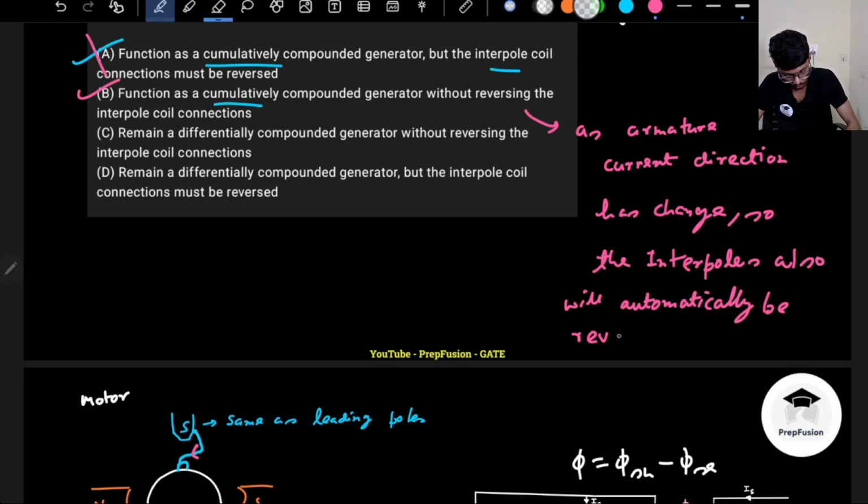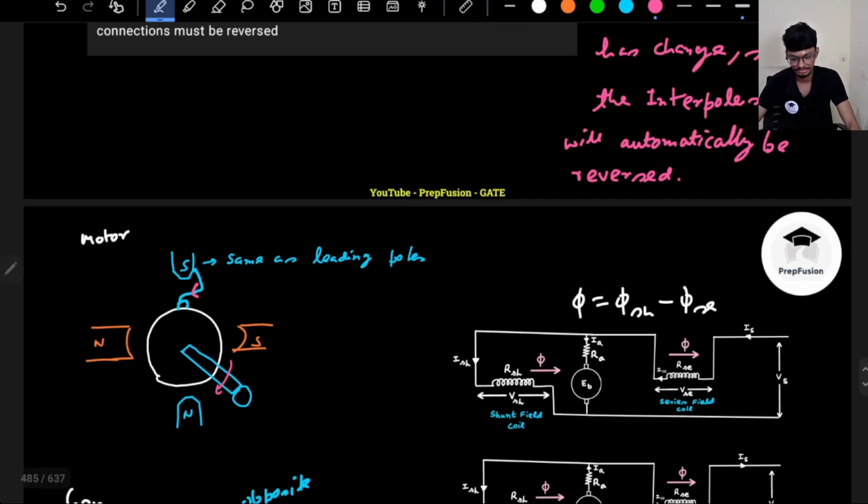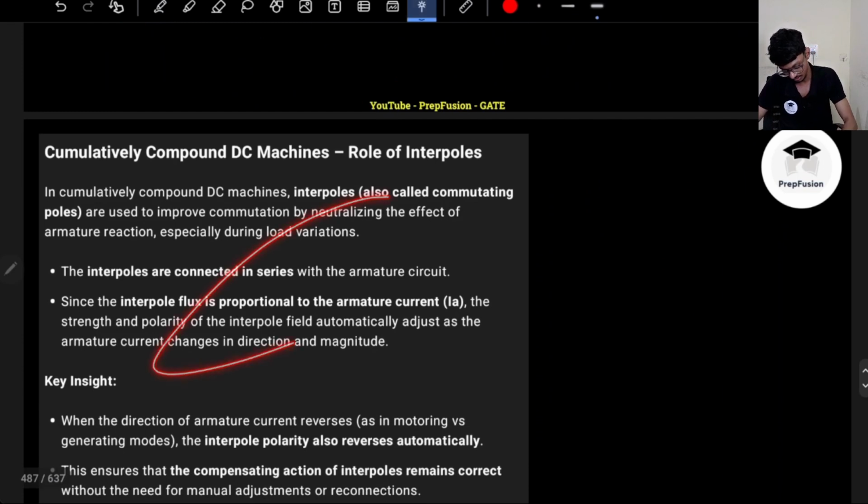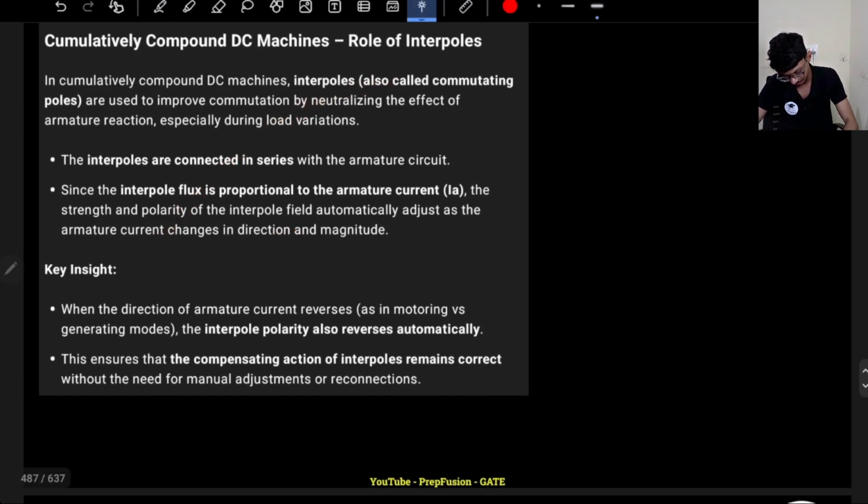So we don't need to do anything extra additionally, right? We don't need to do anything additionally. Okay, that is a very basic thing. This we have actually discussed previously. So this is the interpoles, what they do and what happens basically.